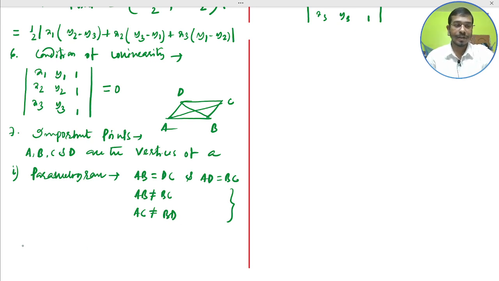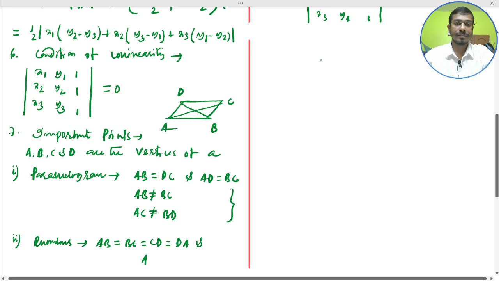Next, the rhombus. All four sides are equal and the diagonals are unequal, means AB equal to BC equal to CD equal to DA and the diagonal AC is unequal to BD.